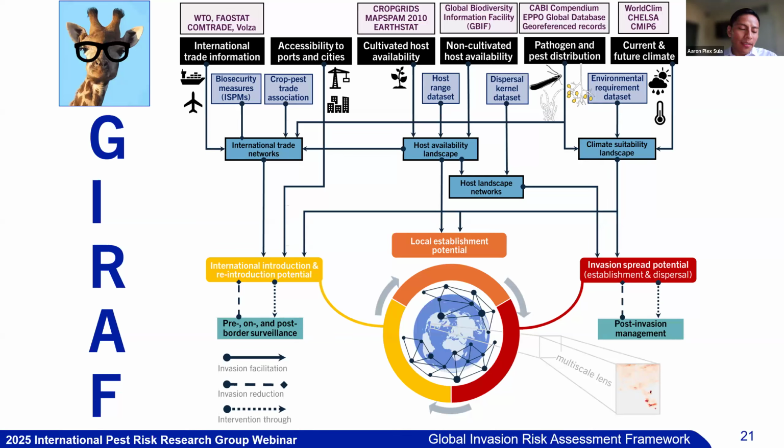For the expert knowledge elicitation, there is also an app that helps develop this type of analysis, specifically targeting or developing the questions. For the trade network analysis, we have an app as well where you only need to upload the pest distribution and the information about trade, and the app will automatically generate some risk indices for invasion risk.